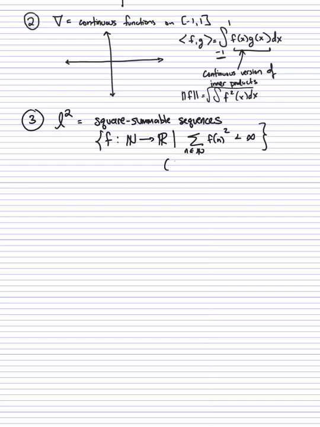So a perfectly good example is like 1, 1/2, 1/3, and so on. This has a natural inner product, which is you take a sequence f and a sequence g, and you just take the sum of f of n times g of n. Okay, so I realize all my formulas are essentially looking the same.